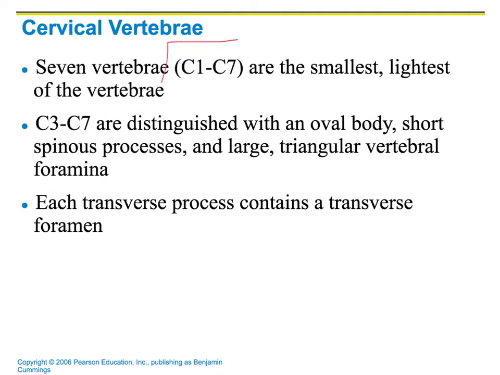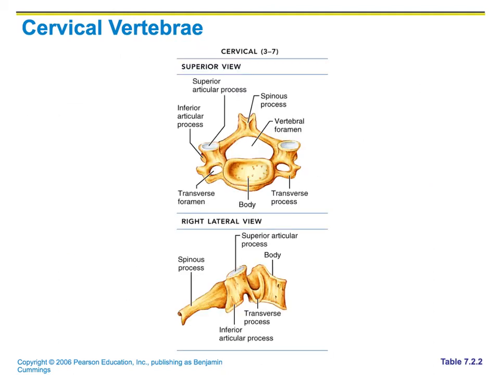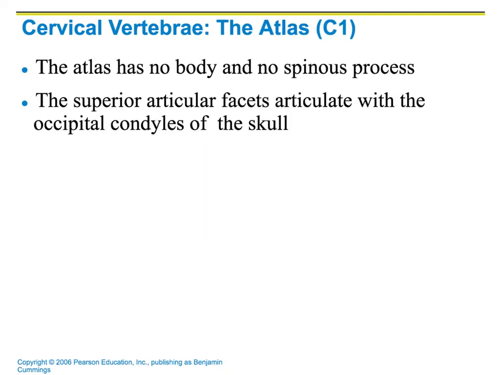The cervical vertebrae, number 7, are easily identified by the presence of the third type of foramen, the transverse foramen, which allow for passage of blood through, and viewable here and here. The first cervical vertebra is called the atlas, and this has facets on which the occipital bone of your skull sits, and we call this the yes bone.